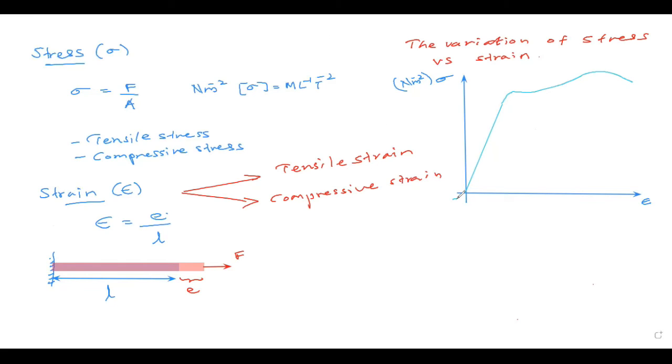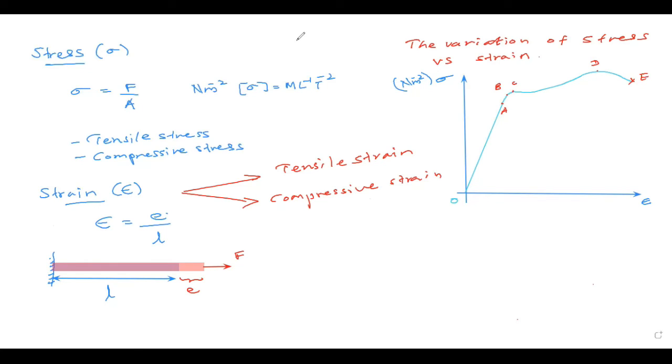Let's say this is the origin, point O. Using a different color, I take this point A, this point B, and this point C. The maximum value of the strain I take as D, and at this particular point I put a cross and call it E.